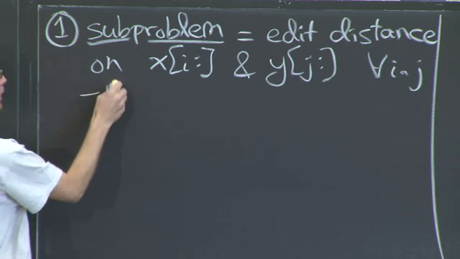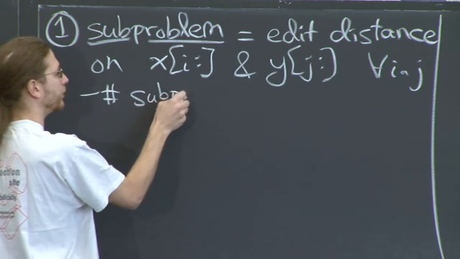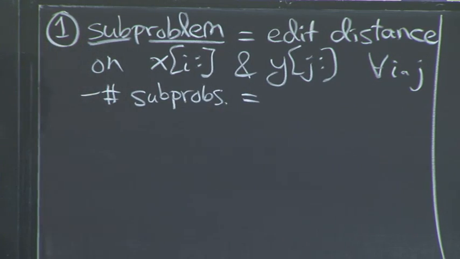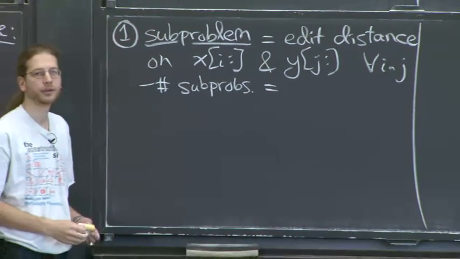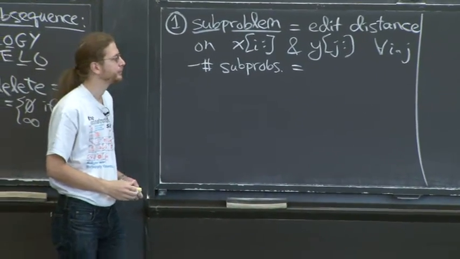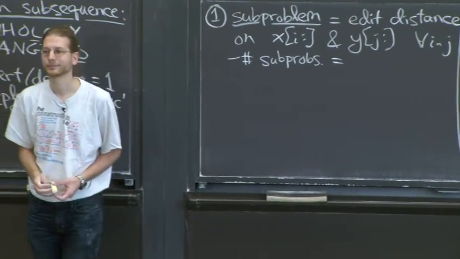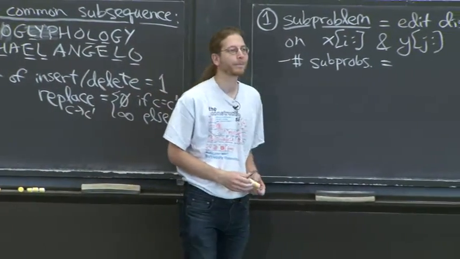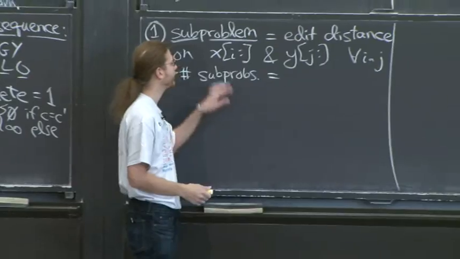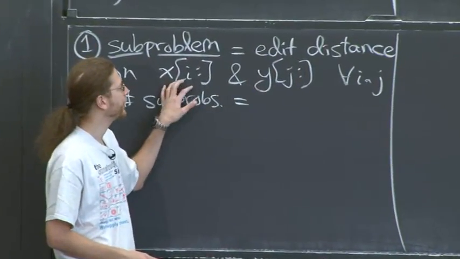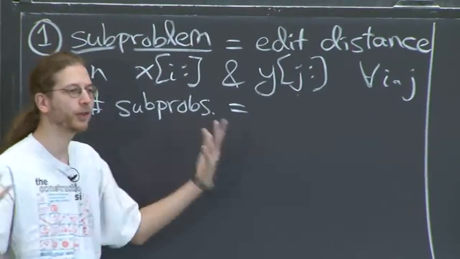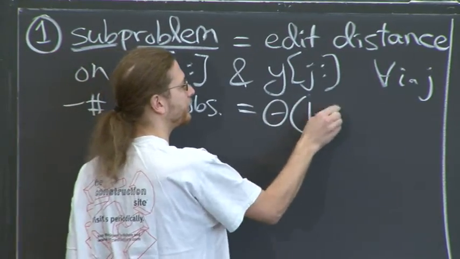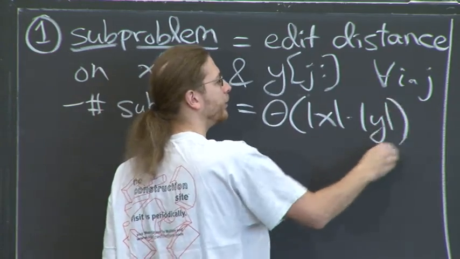And so the number of subproblems is n squared. Yeah. If x is of length n and y is of length n, there's n choices for this, n choices for that. We have to do all of them as pairs. So there's n squared pairs. In general, if they have different lengths, it's going to be length of x times length of y. But it's quadratic.